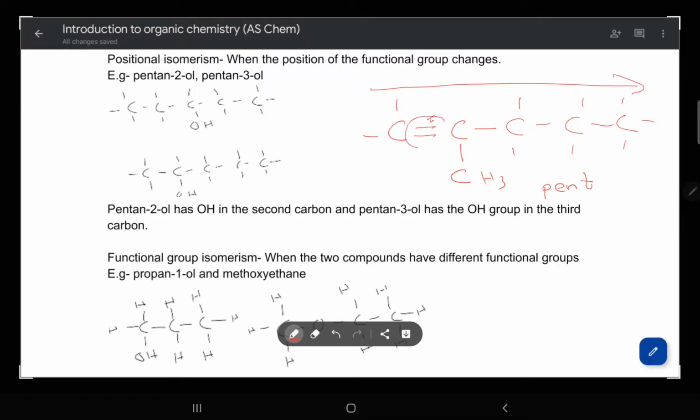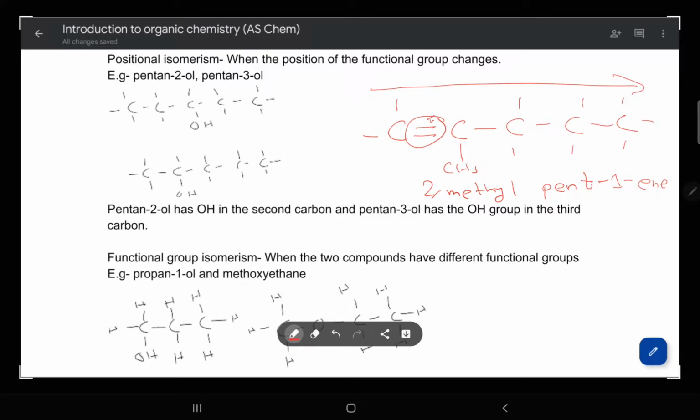There is a double bond in the first position, so this is pent-1-ene. There is a CH3 group in the second position, so we are going to call it 2-methylpent-1-ene.